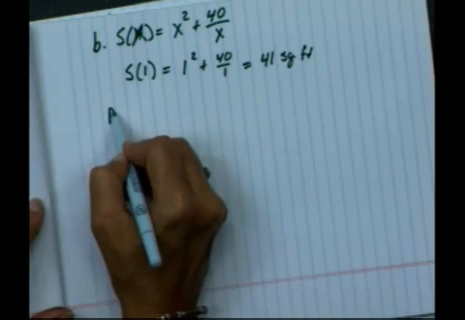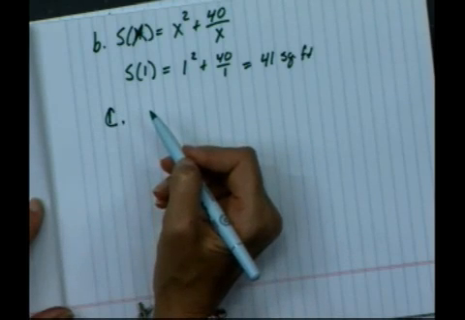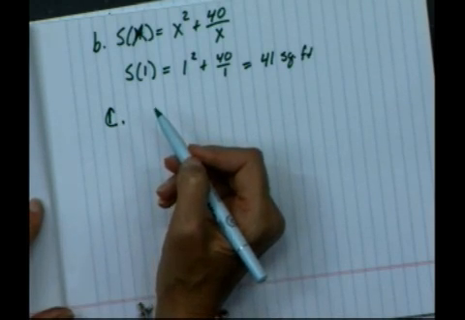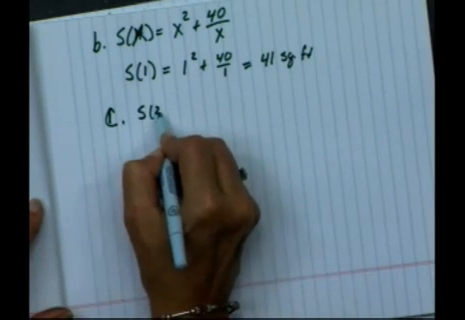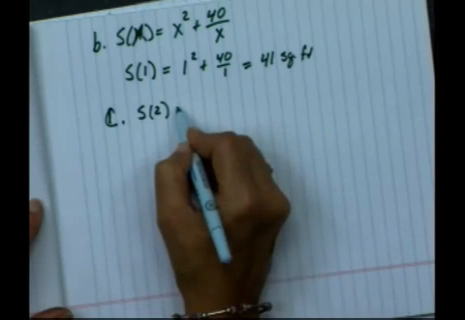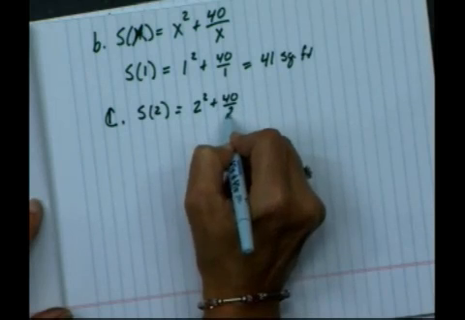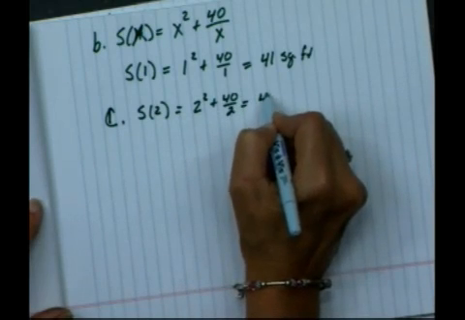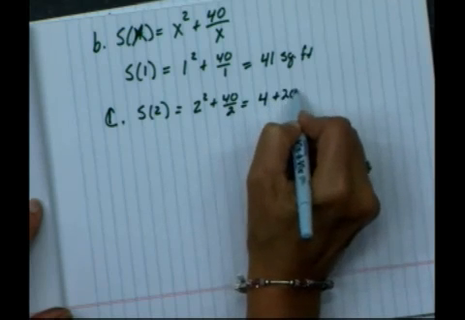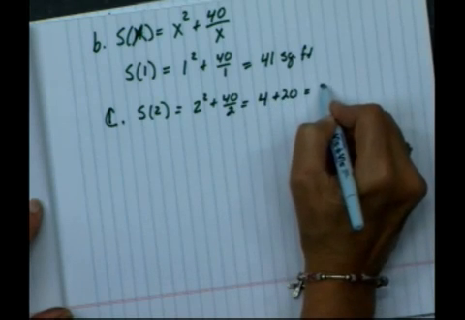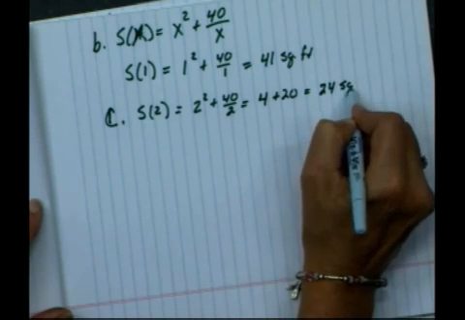C. How much material is required if the base is 2 feet? So aren't we just going to put a 2 in for x? Okay, so we'll have 2 squared plus 40 over 2. 4 plus 20, it will take 24 square feet.